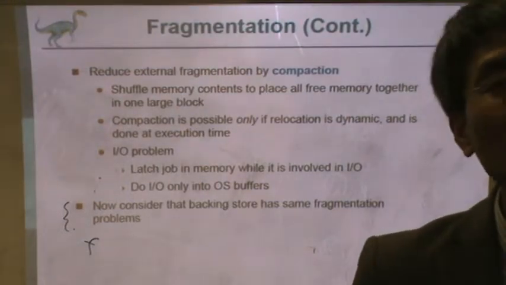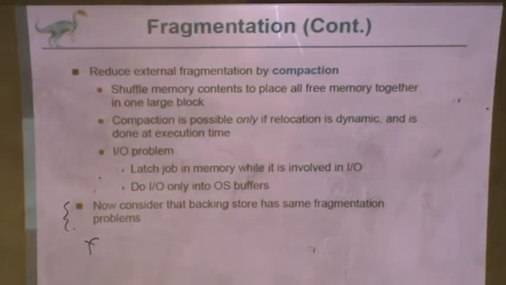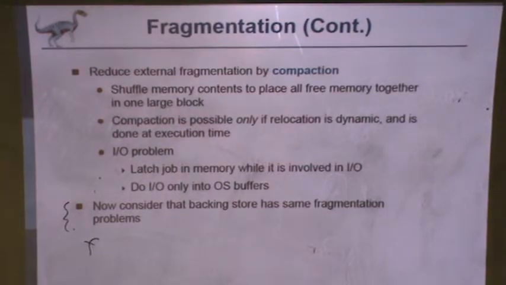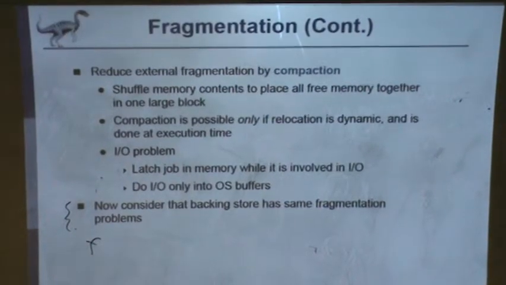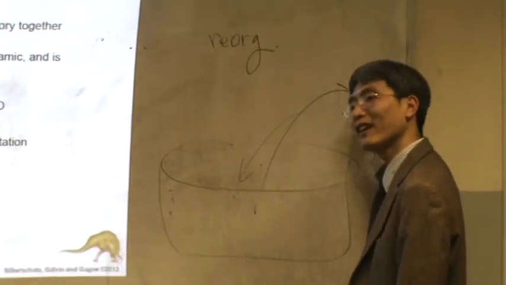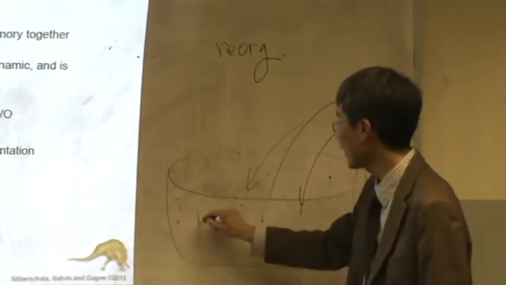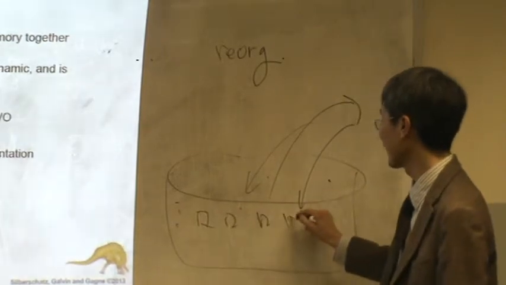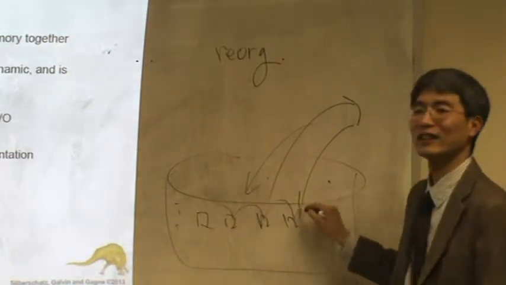Okay? Also, for example, one of the main jobs of the database administrator is called reorg, which means reorganization. Just like the fragmentation in the memory, in a database system, when you insert data, delete data, update data, the table will be internally fragmented.